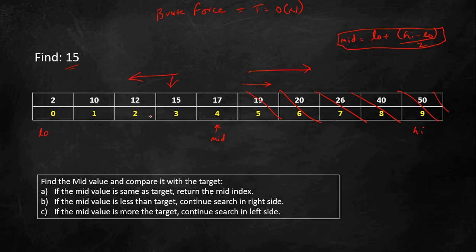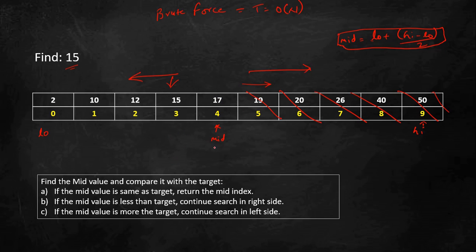Now again let us see, once we know that we have to go to the left, what should we do? Since my high pointer was here, I have to now change my high pointer, because we are going to ignore the right part. My high pointer can either point to this mid or it can point to mid minus 1.